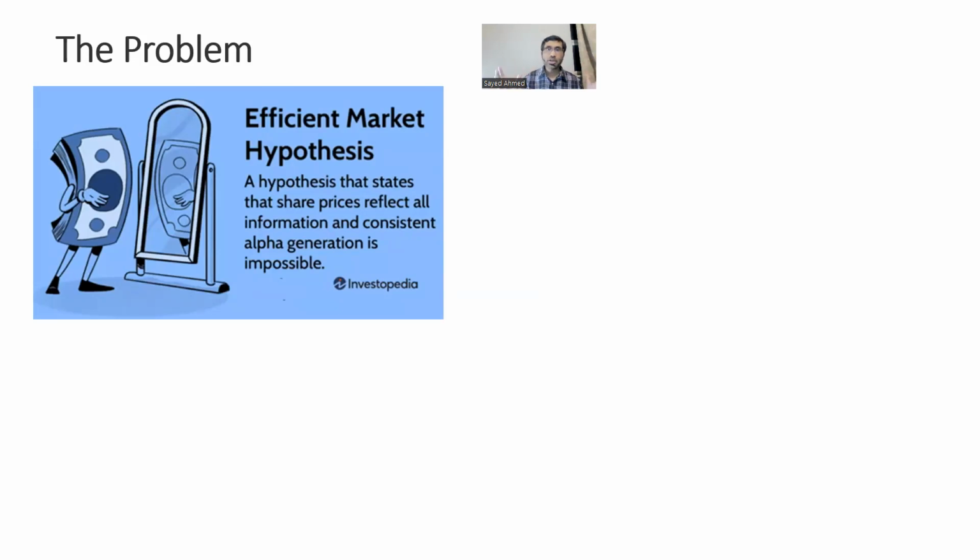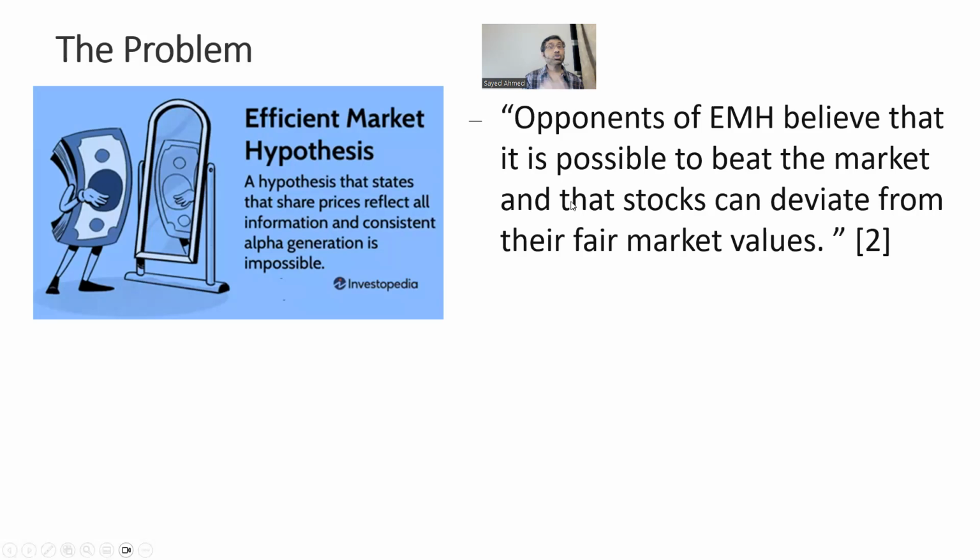There are opponents who consider that stock prices vary from their fair prices, and it is possible to predict them. At one point it was more difficult to predict, but now with the extent of data that we have and with the new technologies, the consensus is it's becoming easier to predict stock market prices.